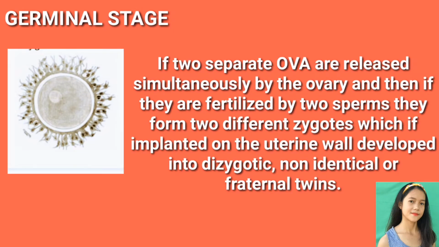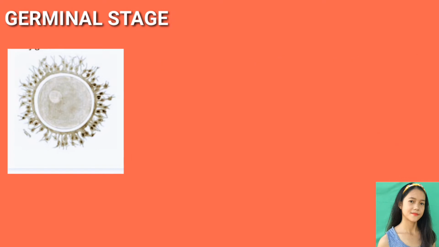And if 2 separate ova are released simultaneously by the ovary, and they are fertilized by 2 sperm, they form 2 different zygotes, which, if implanted on the uterine wall, develop into dizygotic, non-identical, or fraternal twins.